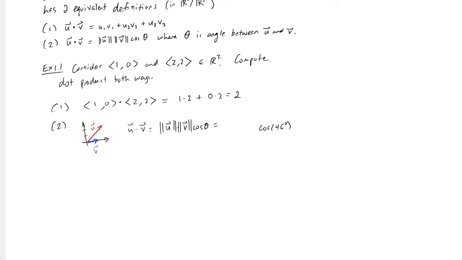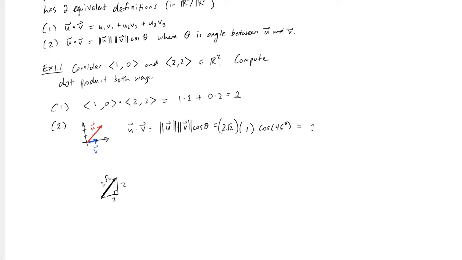We'll have the length of this vector, the hypotenuse of the 2, 2 triangle. Draw a little right triangle here. The hypotenuse is 2 root 2. So the length of this vector is 2 root 2, and the length of this vector is 1.